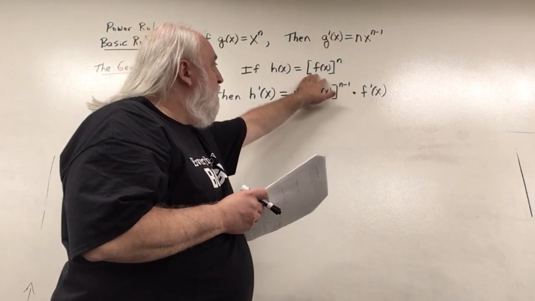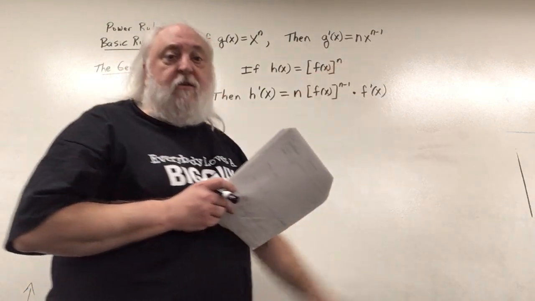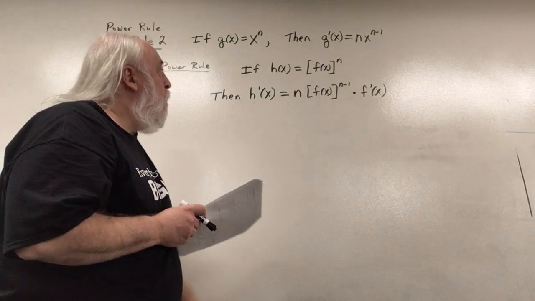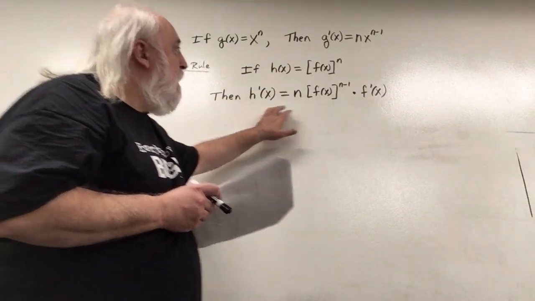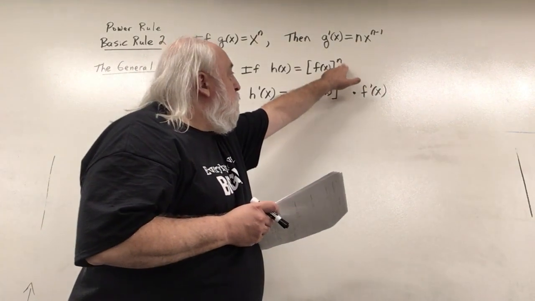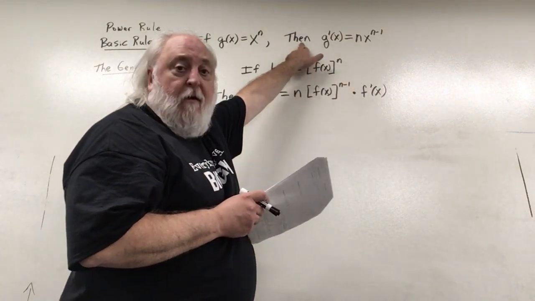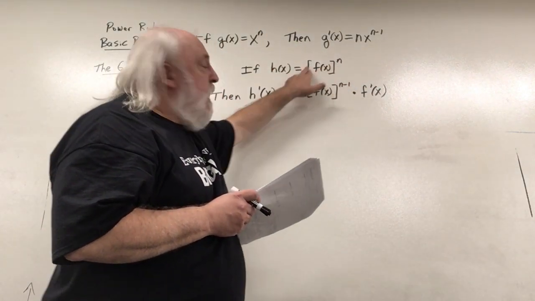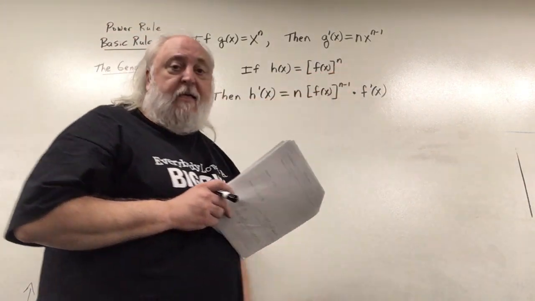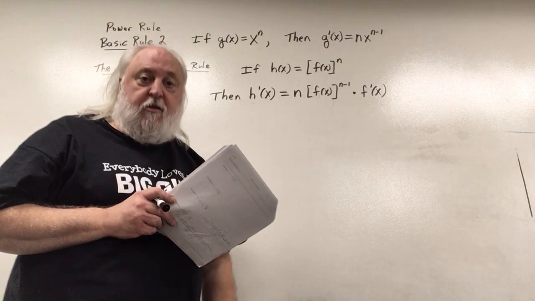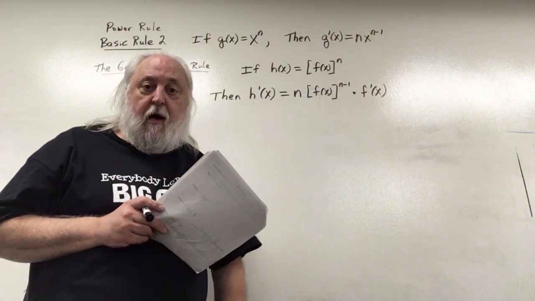So it's a function of x raised to the nth power. Well, what's the derivative of h of x then, denoted h prime of x? You might think, well, you just bring the n down like we did with the power rule, in front of f of x, and then subtract 1 from the exponent. And if that's all you did, you'd be half right.